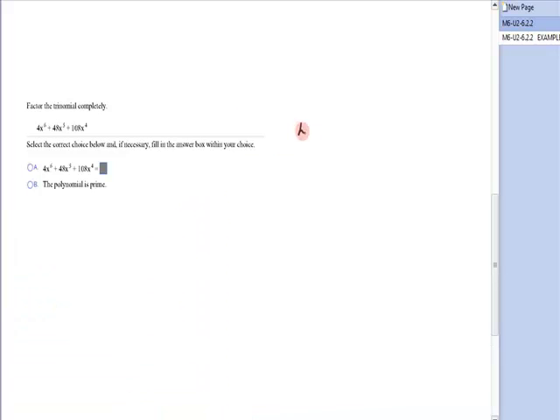The next one, I have 4x to the 6th plus 48x to the 5th plus 108x to the 4th. They all have a common factor of 4. They also have a common factor of the low power of x, which is x to the 4th. So I'm going to factor out a 4x to the 4th.